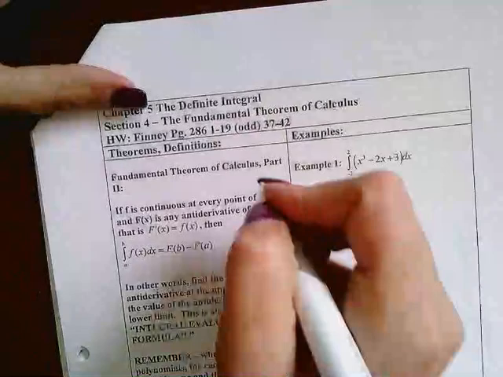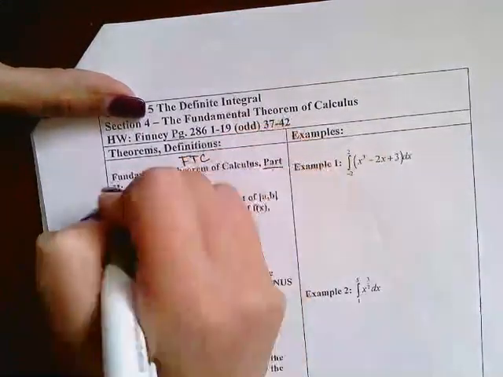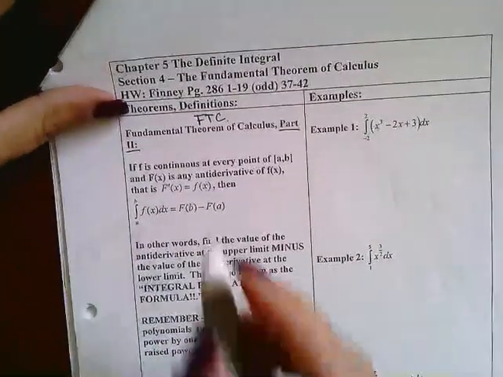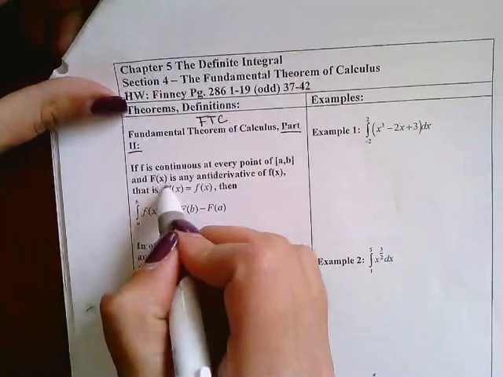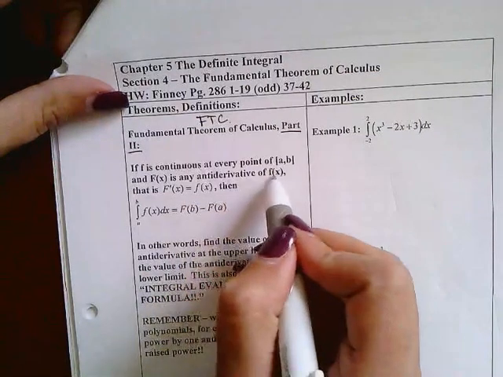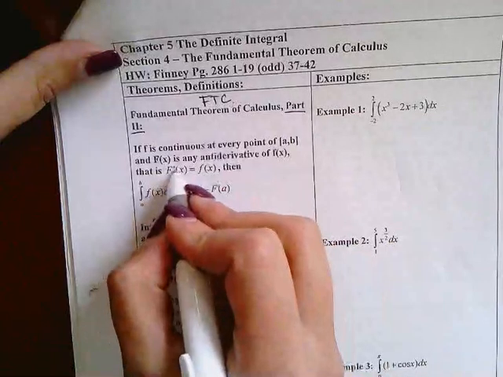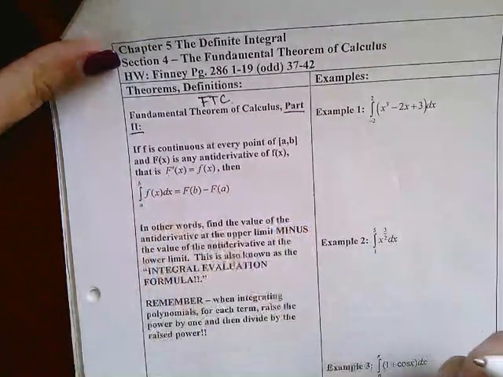Fundamental Theorem of Calculus, FTC, Part 2. Basically what this is saying is if f is continuous at every point of a and b, and big F of x is any antiderivative, aka integral, of f of x, that is, the derivative of the integral is f of x.